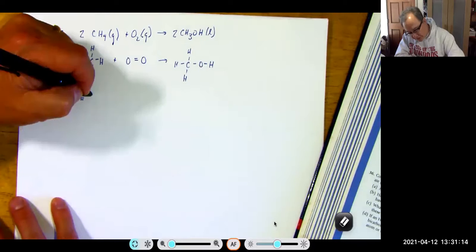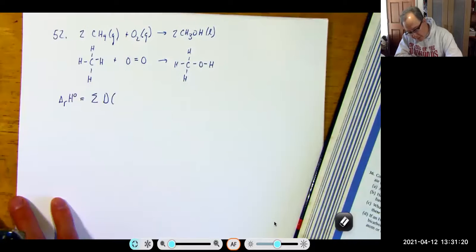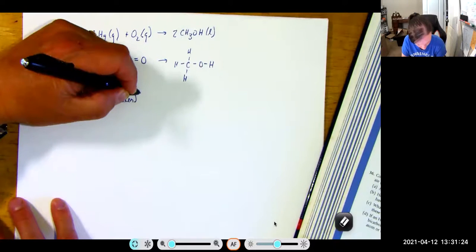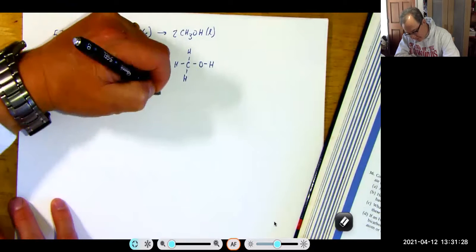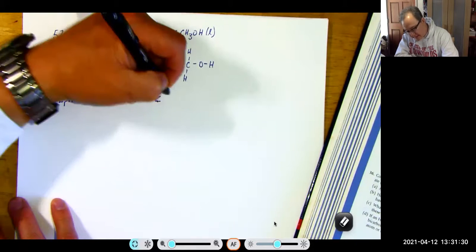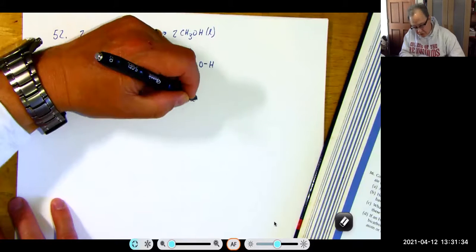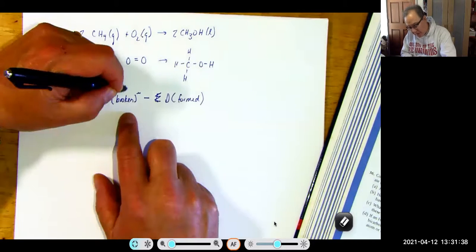We're going to do the bond dissociation energies first. So here, D, we want to put broken, right? Yeah. And then minus epsilon D, formed or made. So here, this is going to be reactants, and this is going to be products.